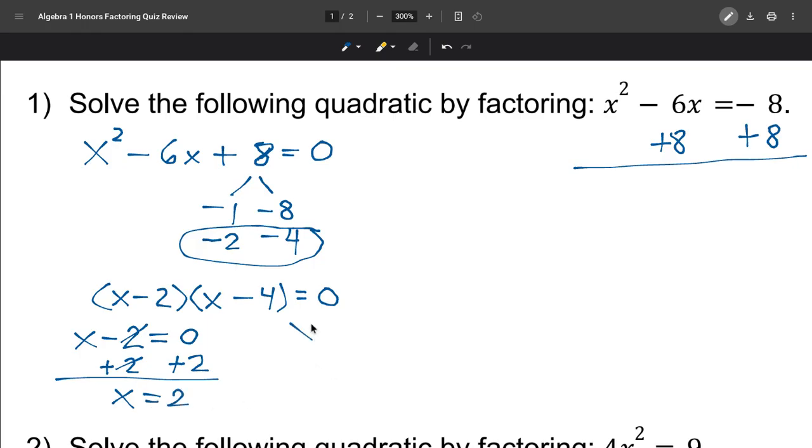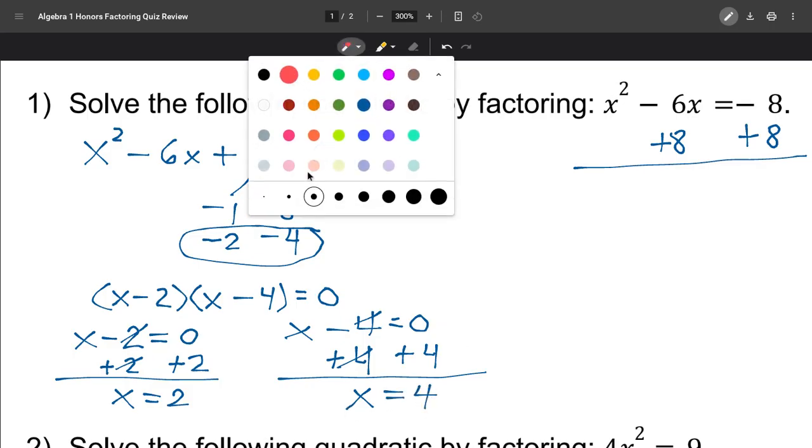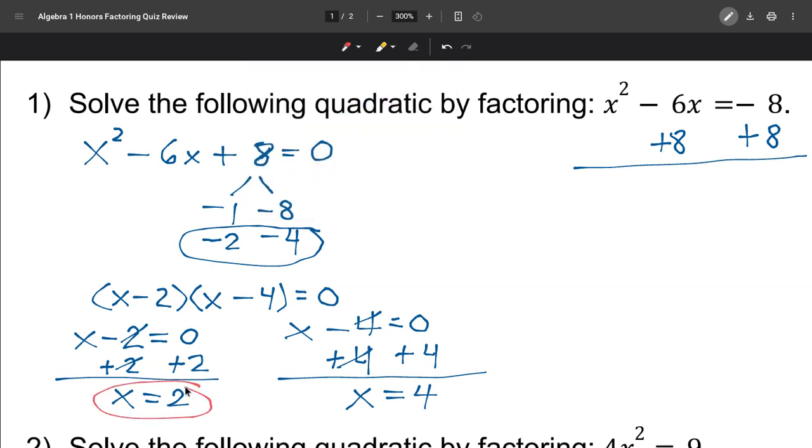And we can also set x minus 4 equal to 0. We'll add 4. 4 minus 4 is 0, and we get x equals 4. So x equals 2 and x equals 4.